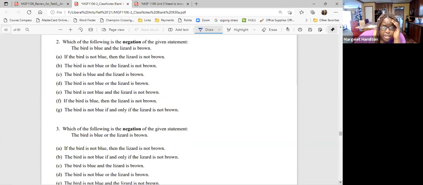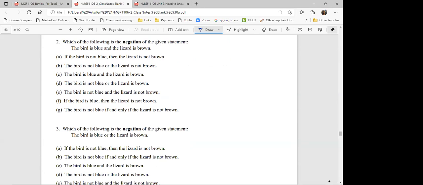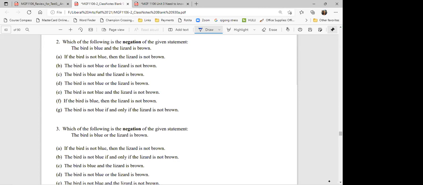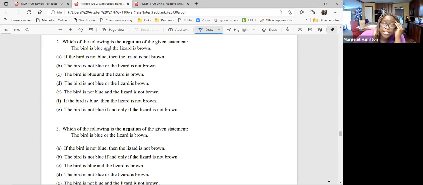It says the bird is blue and the lizard is brown. What kind of statement did they start us off? What's the key word in this statement? And. And they want us to negate it. And negates to what we said?